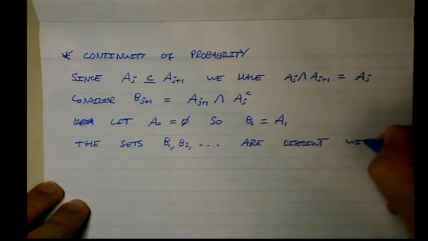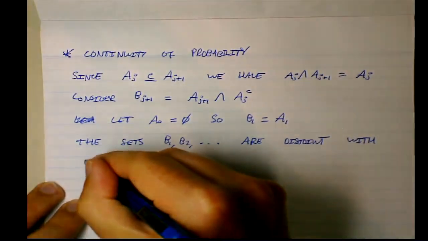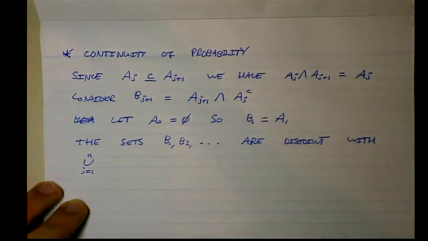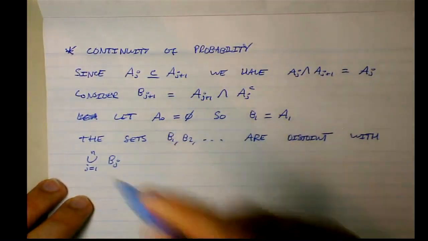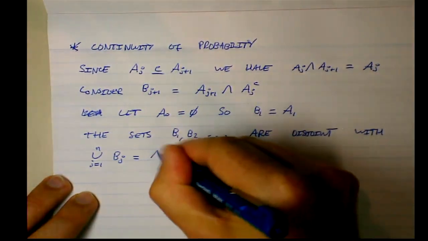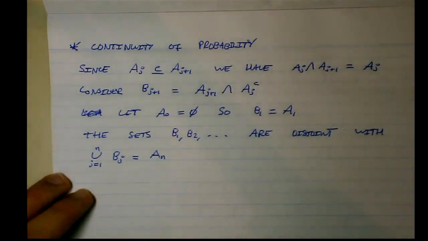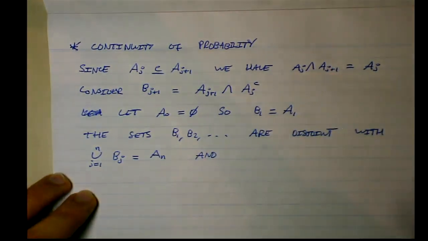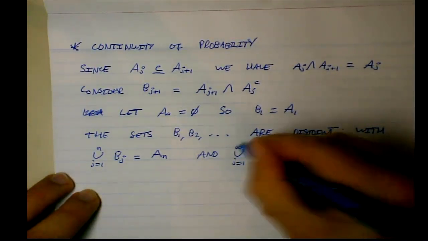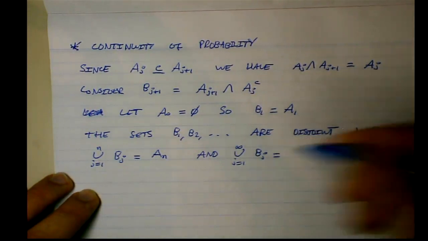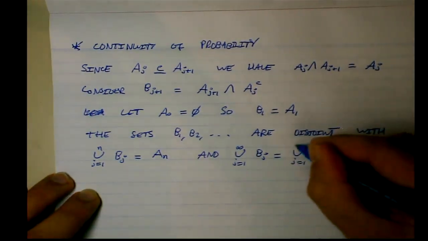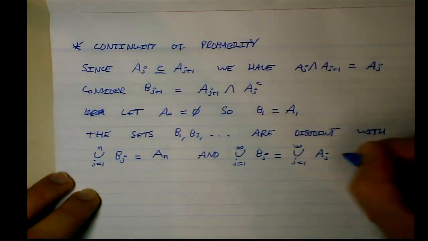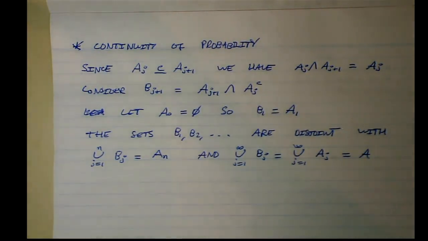And we also have that the union j equals 1 to n of Bj is equal to An. Moreover, the union j equals 1 to infinity of Bj is equal to the union j equals 1 to infinity of Aj, which is A, because our events Aj are increasing to A. You can verify those two things. We're going to use those two properties.